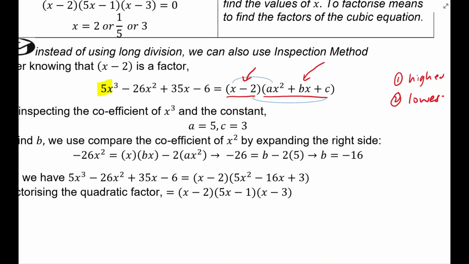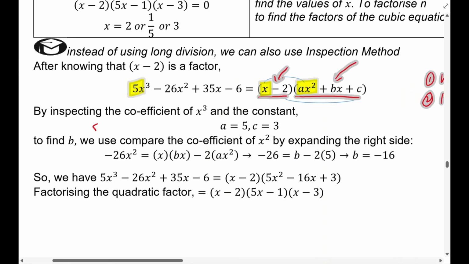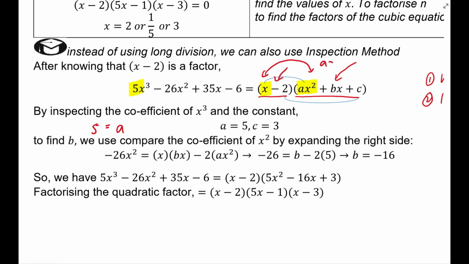And on the right hand side, you have to multiply these two terms together to get your x cubed, so you can equate it to a, because when you multiply these two together, you will get ax cubed. So 5x cubed equals ax cubed, so 5 equals a. That's how you get your first unknown.